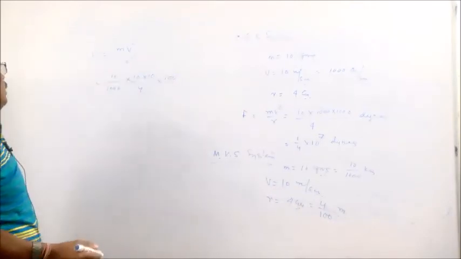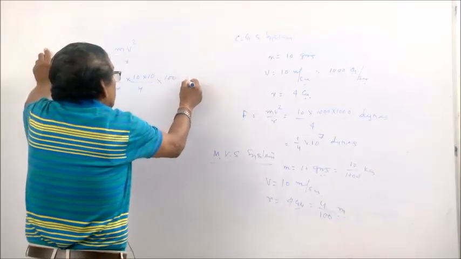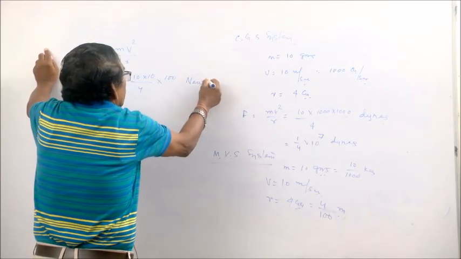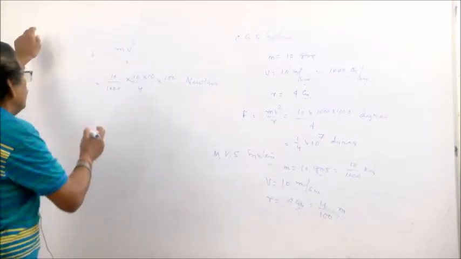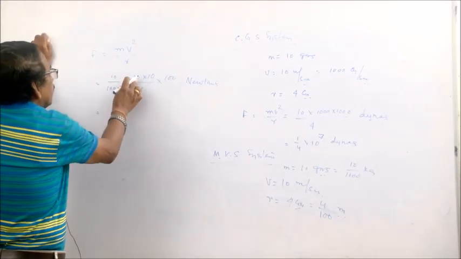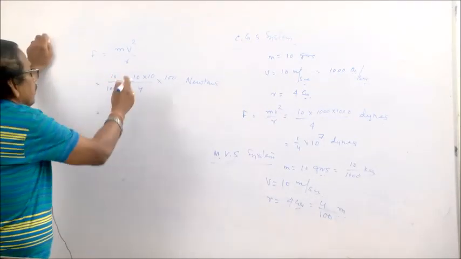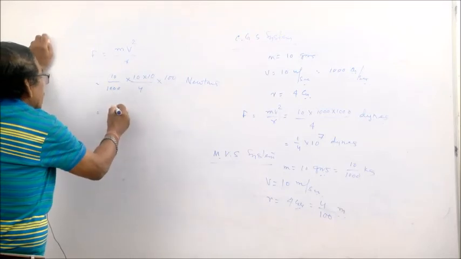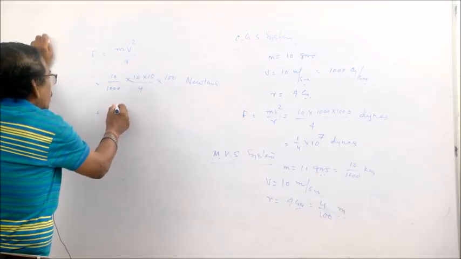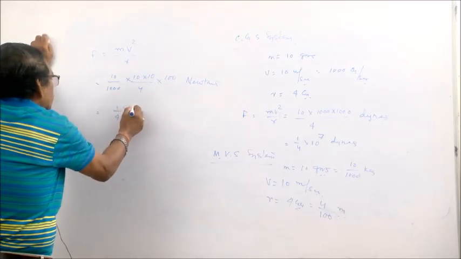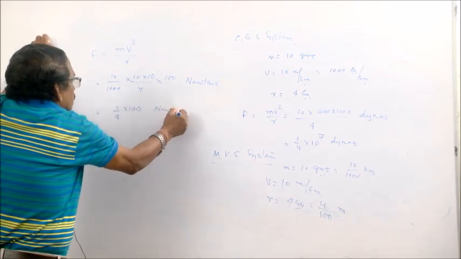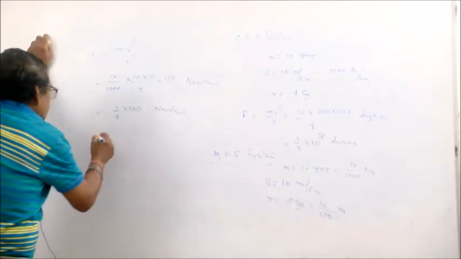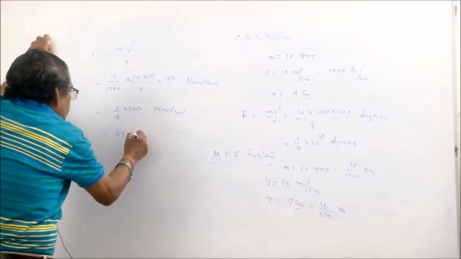The unit now becomes newtons. That was dynes, here it will be newtons. So 10, 10, 10 will cancel, and this becomes 1 by 4 into 100 newtons, that is 25 newtons.